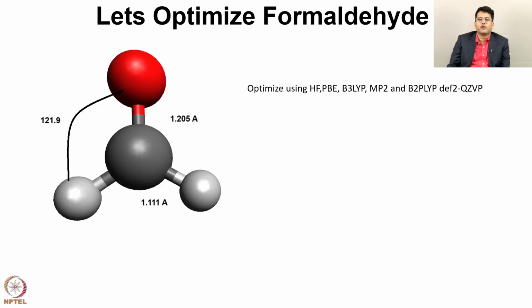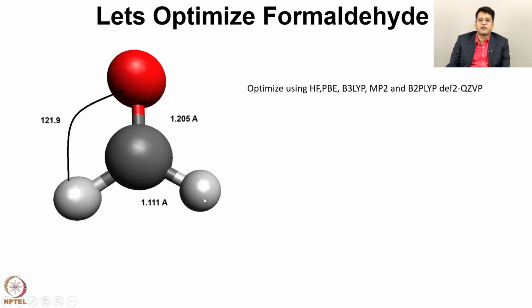Now, we have learned a little bit of theory, so let us try some practical. Let us optimize formaldehyde, a common molecule. These are the experimental parameters: the CO bond is 1.205 angstrom, the CH bond is 1.111 angstrom, and the OCH bond angle is 121.9 degrees.